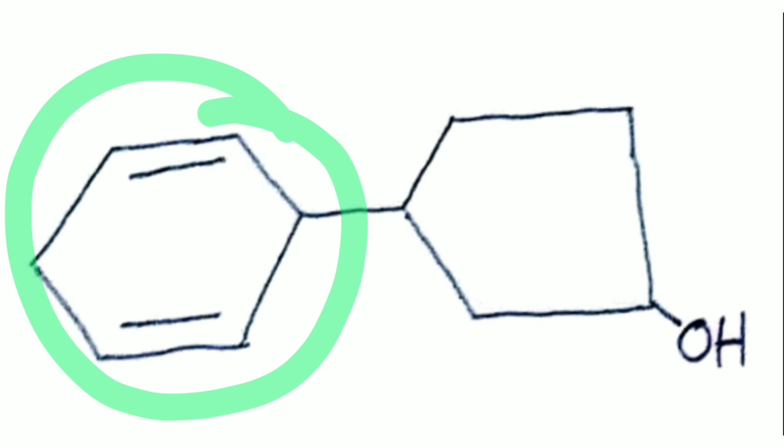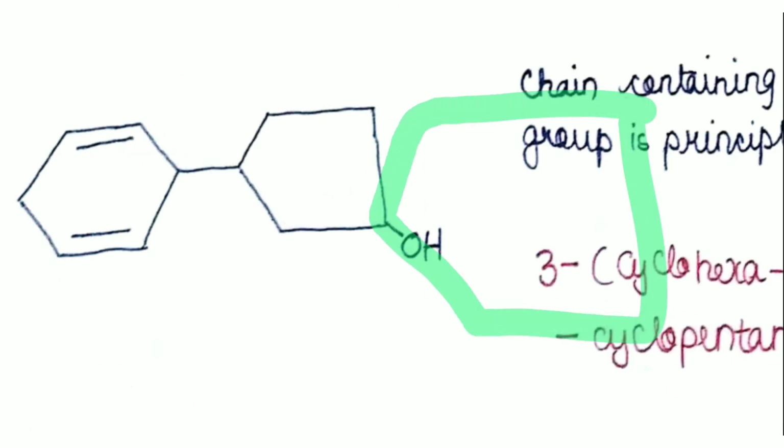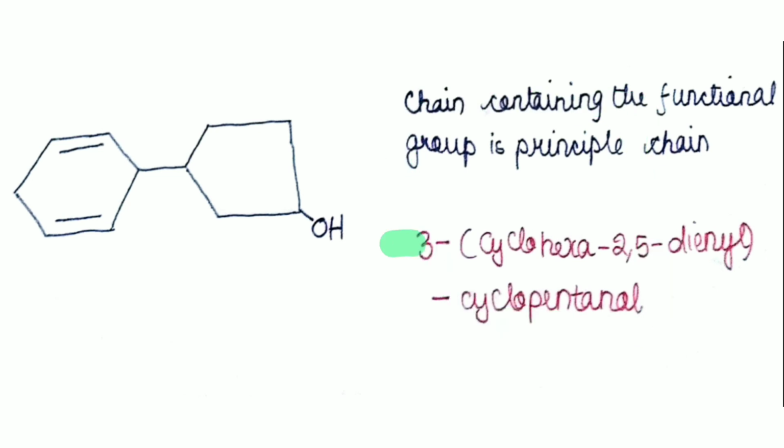Cyclohexa 2,5 dienyl. Then close the bracket. Then cyclopentanol. That's how we're going to name this compound, guys. 3 (cyclohexa 2,5 dienyl) cyclopentanol. That's the name of this compound. The chain containing the functional group will be the principal chain. This is what we learned from this very question, guys.